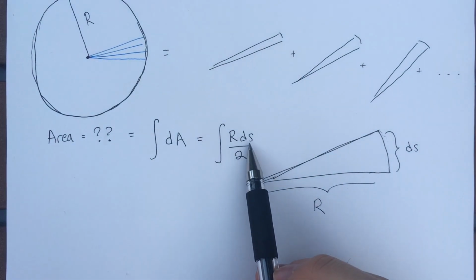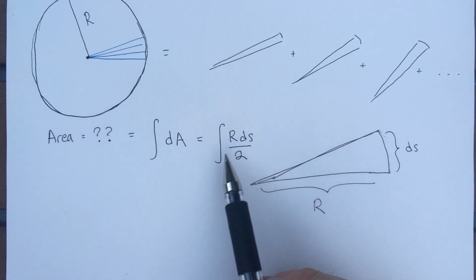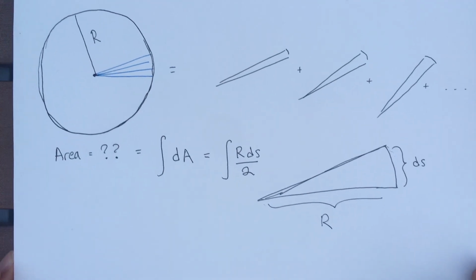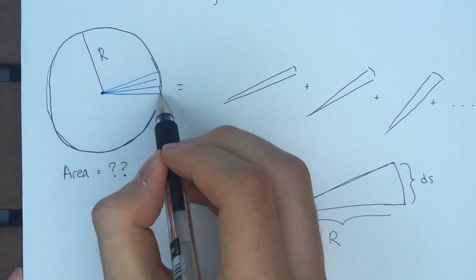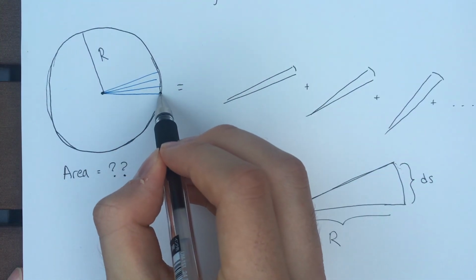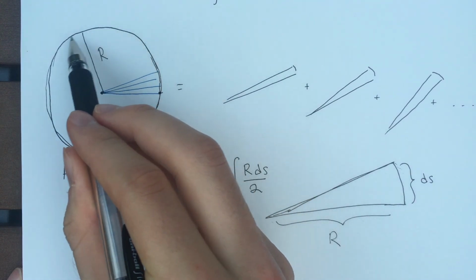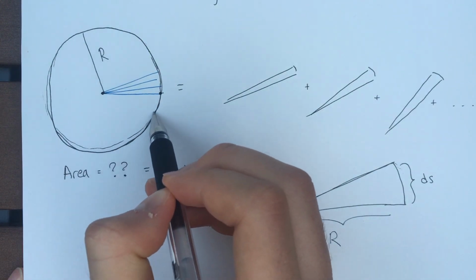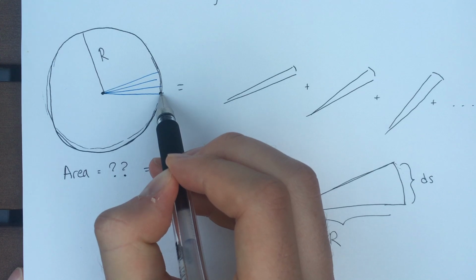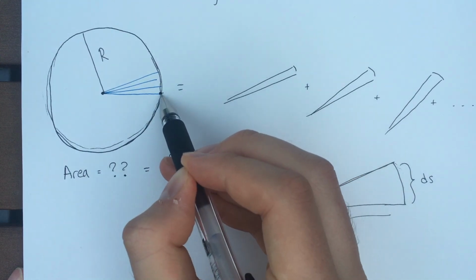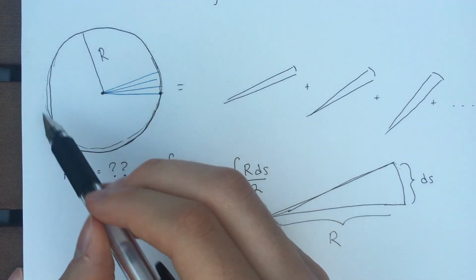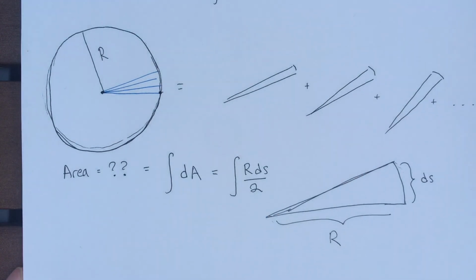And now we want to see what ds ranges from so we can calculate this integral. So in the calculation of a circle, we'll be starting at 0 arc length, and we'll be rotating around the circle and summing up until we reach the end. So in other words, we want to go a full circumference around.